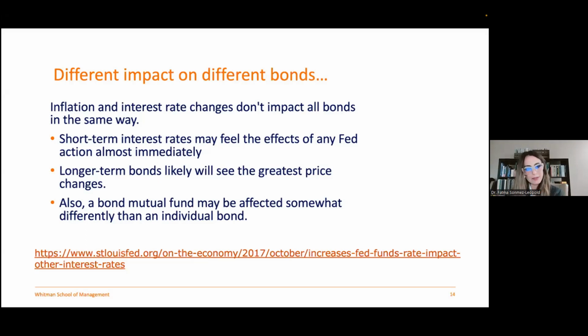You might see a reaction immediately. Longer-term bonds, like 5 years, 10 years, 30 years, even a 100-year bond, will see the greatest price change, because longer means uncertain. You don't know for sure what's going to happen over the next 10 years. They will see the greatest price change, but with a lag.